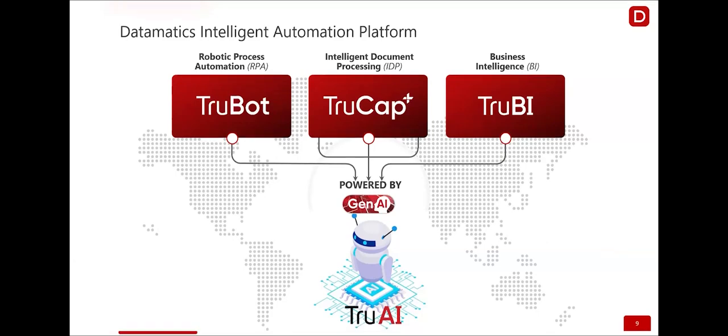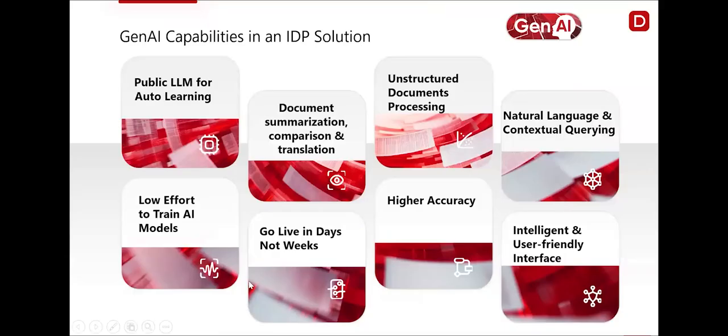Now, just to give you a few more pointers on what you're going to see, or what the capabilities are. Earlier, it would take, say, weeks to implement solutions like this. Now we can go live in days. I think that is a very strong capability that we have today. We can enjoy very high levels of accuracy, starting from 70% all the way to 95, 98%.